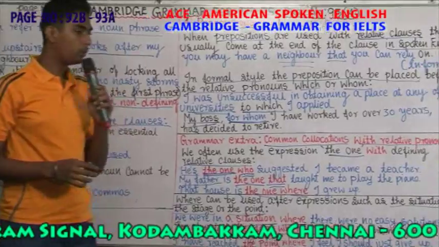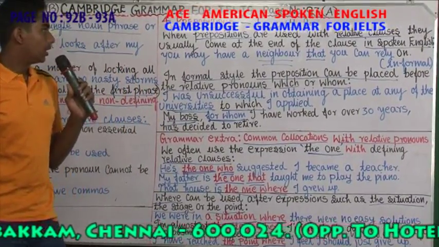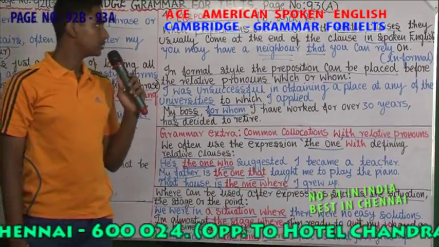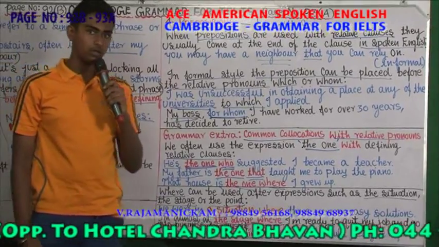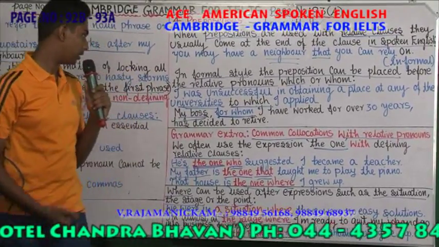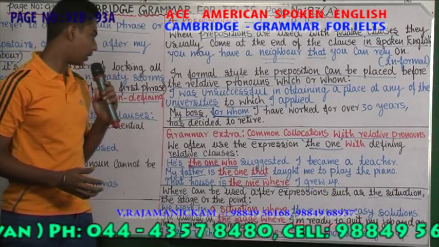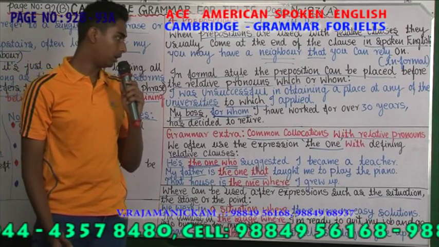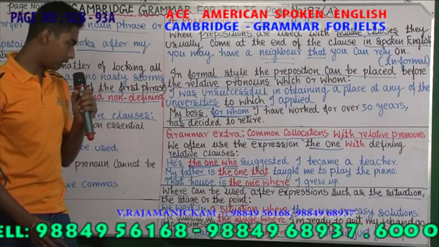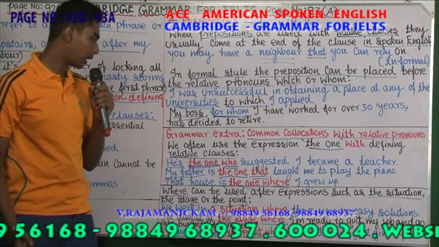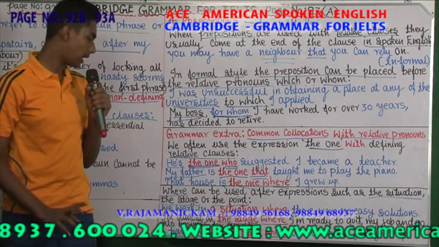We know prepositions are very important, like to, with, for. Prepositions are used with relative clauses at the end of the clause in spoken English, and common collocations with relative pronouns, we use "the one" with defining relative clauses, and "where" can be used after expressions such as the situation.